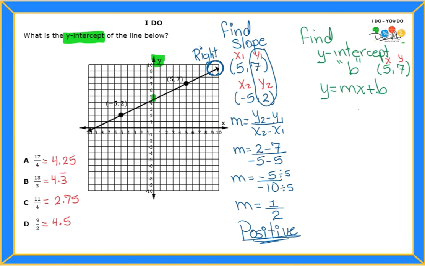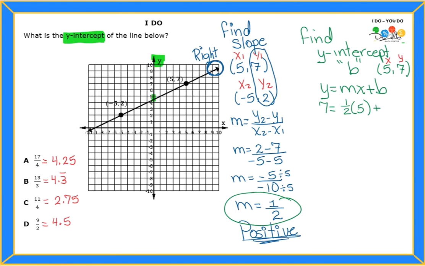Okay, so let's continue with that replacement in my equation. So the y is 7. m is the one that we found earlier, which is right here on the bottom, so it's a half. x is 5. Now remember, the 5 and the 7 are coming from the coordinates of one of the points that I chose from the line.